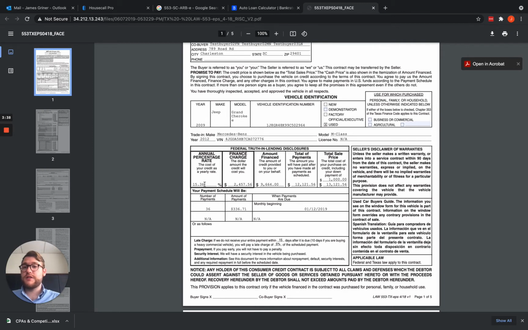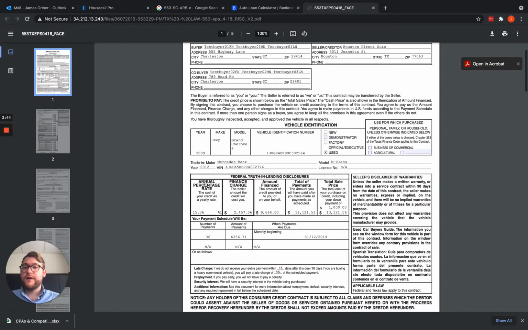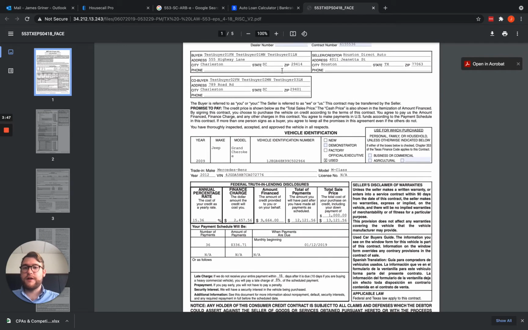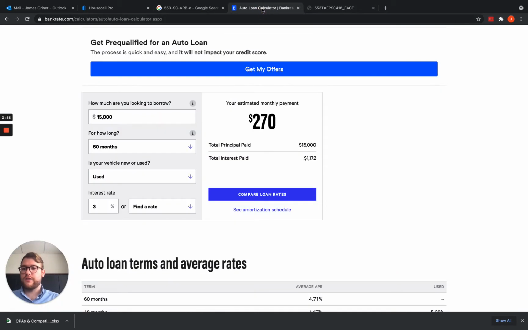Now this particular application, this is just something that I found online, and you can see that it's a test buyer, so they might have just put in a bad interest rate on this. So we're going to go ahead and hop into everything here on this auto loan calculator.